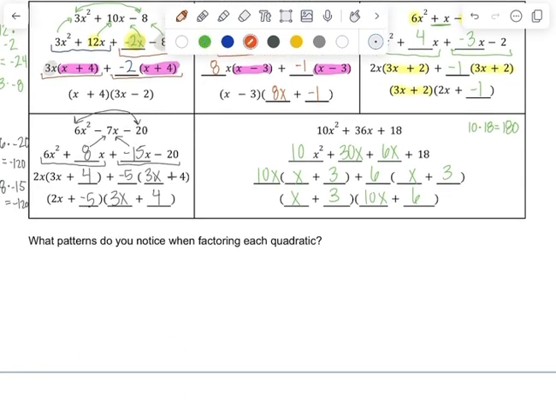So some patterns. Let's see if we write it like this.